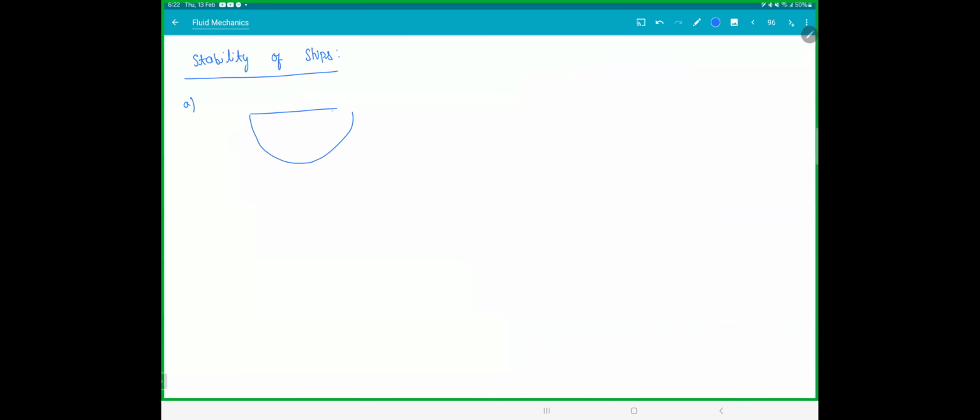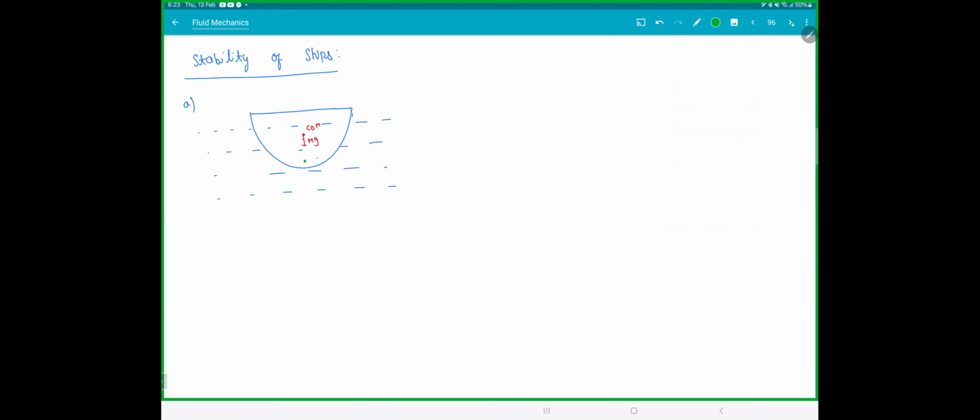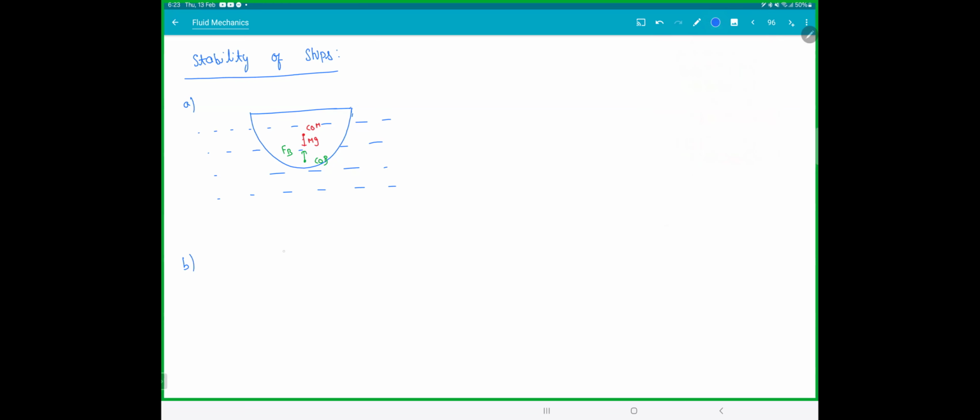When they design ships, let's say this is your center of mass, where mg is acting, and this is your center of buoyancy, where the buoyant force is acting. So this is one way to design a ship: you make the center of mass at the top and the buoyant force below. Or you could do the same thing.